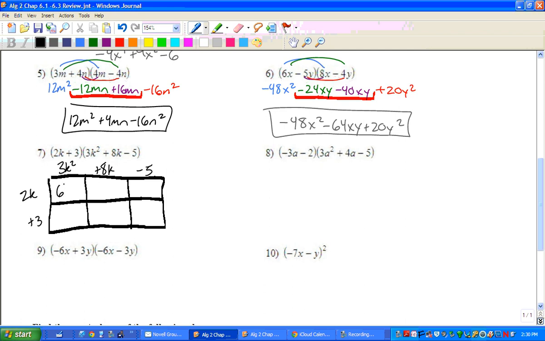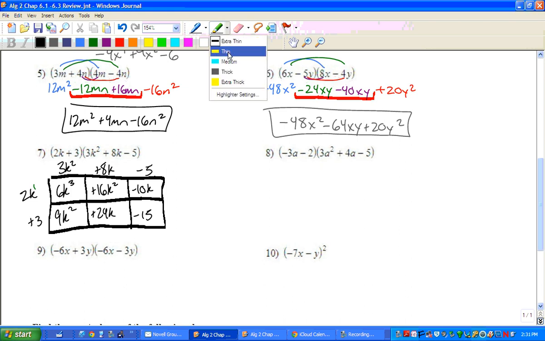So 2 times 3 is 6k cubed, and we add the exponents because that k has an exponent to the first power. Okay, 2 times 8 is 16k squared. Negative 10k. 3 times 3 is 9k squared. 3 times 8 is 24k. And then 3 times 5 is negative 15.